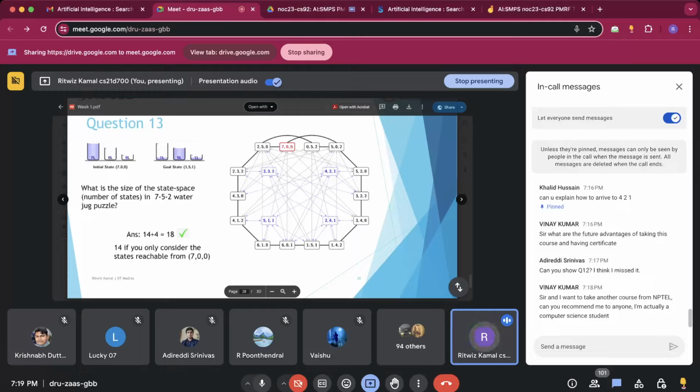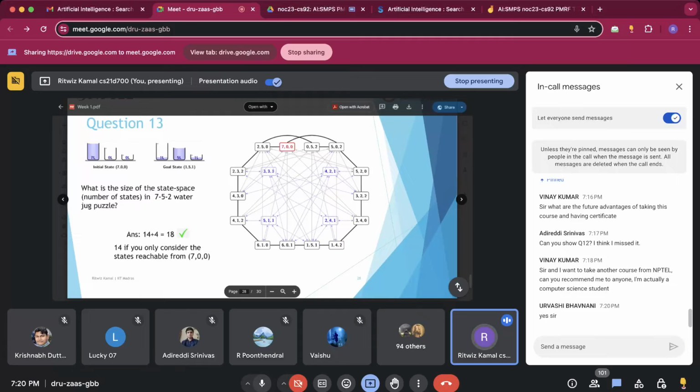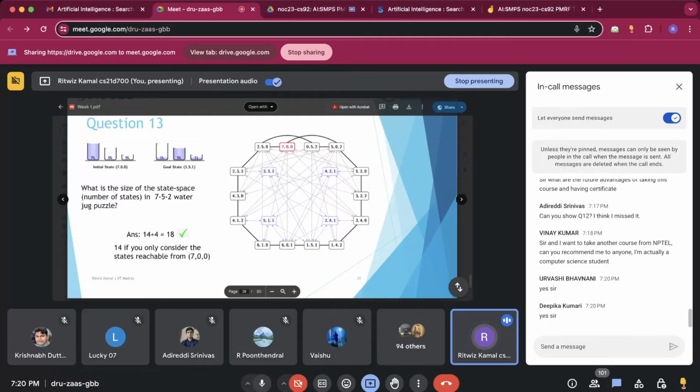Some of you who might be from a computer science background, who might have done their bachelor's or some level of schooling in computer science, you might be familiar with things like breadth first search and depth first search, right? Is there anyone who is familiar with that? Okay, no worries. If not, that's completely fine. We will be covering that as well in the upcoming weeks. Okay, we have some people who are familiar with that.